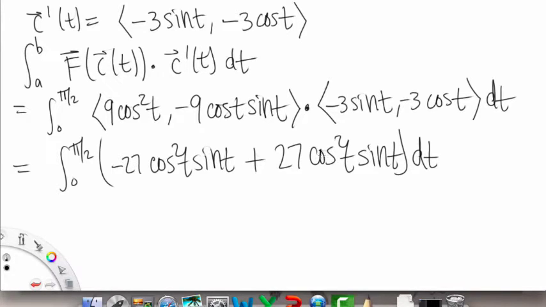We have 27 times something minus 27 of that same something, so this is going to be 0. Therefore, the entire line integral, given the parameterized curve and the vector field that we were working with, is 0. Okay? Alright, now on to the last problem.